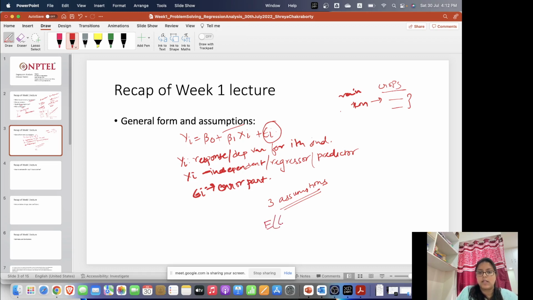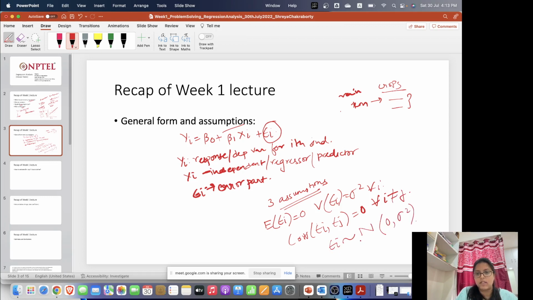So expectation of this is 0, variance of this is sigma square, I'm sorry. Covariance of epsilon i, epsilon j equals 0 when i not equal to j. And the third one was these are normally distributed. These were the 3 assumptions.